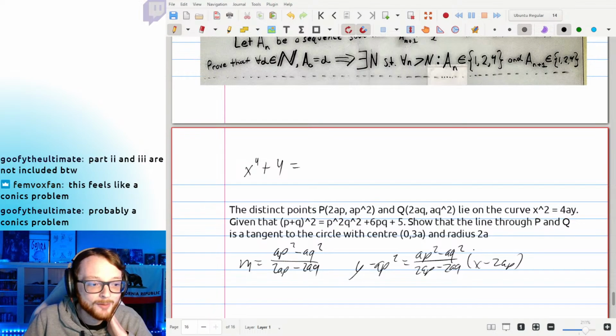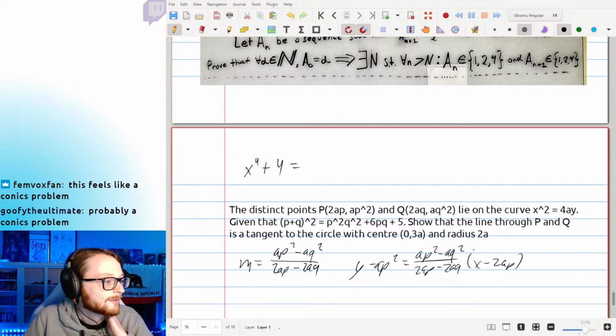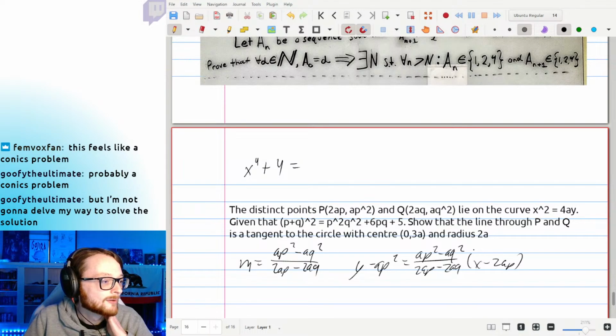This is terrible. I don't like... how do you show a line as tangent to a particular circle? You can show it's perpendicular. Ugh, that's terrible.